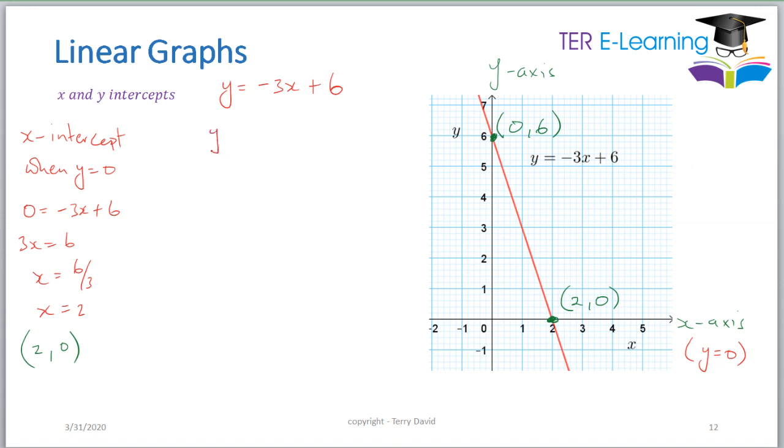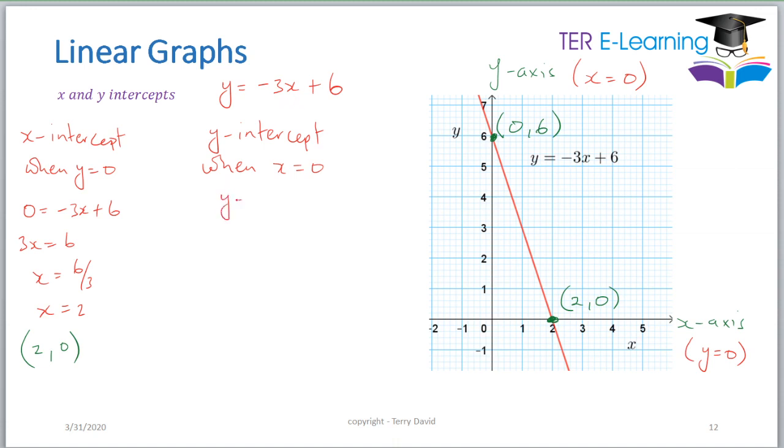Similarly, we can work out what my y-intercept is. So my y-intercept, right? For the y-intercept, we know that the y-axis is also the line x is equal to 0. So we're going to say when x equal to 0, right? We're going to put that 0 into my equation.